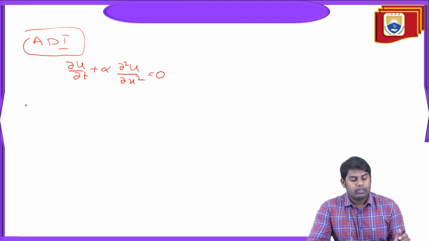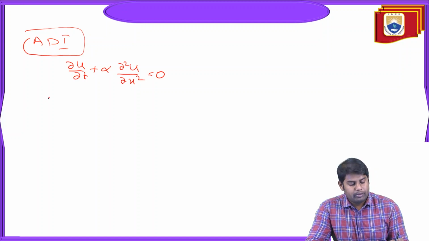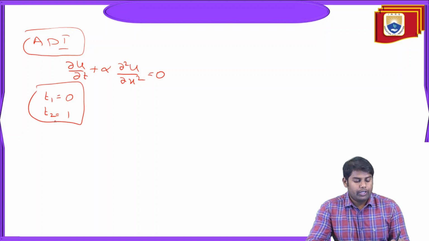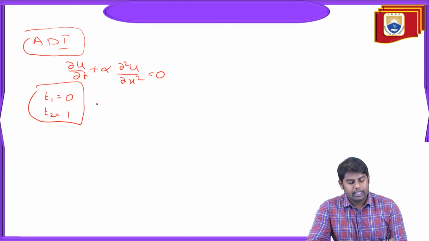Let us take the time step t1 equal to 0 and t2 equal to 1 second. But here let us take it in terms of n, so t1 is equal to n seconds and t2 is equal to n plus 1.